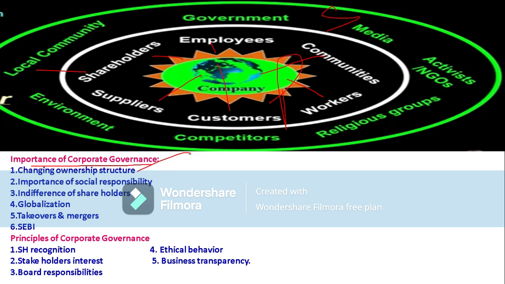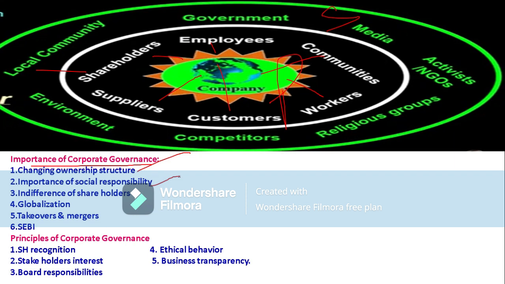And coming to the second aspect, importance of social responsibility. If corporate governance is there, definitely we will see social responsibility also. Nowadays, many companies think that implementing social responsibility also increases their products' marketability.